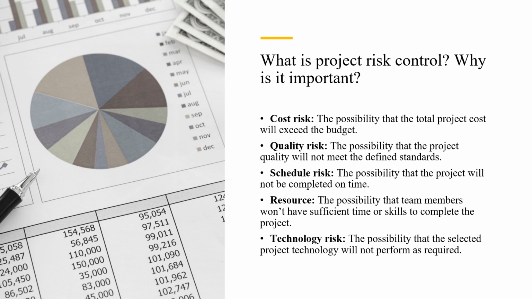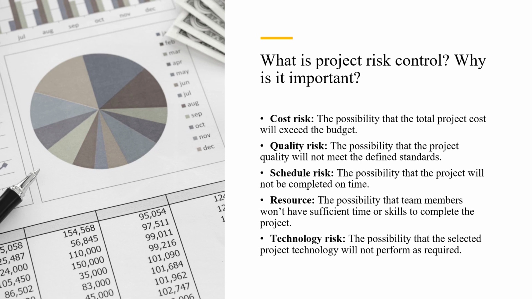Cost risk is the possibility that the total project cost will exceed the budget. Quality risk is the possibility that project quality will not meet the defined standard, therefore it is important. And then schedule risk is the possibility that the project will not be completed on time, that is why it's important.